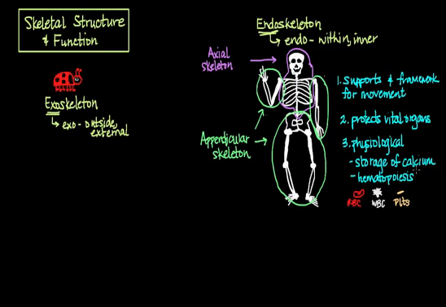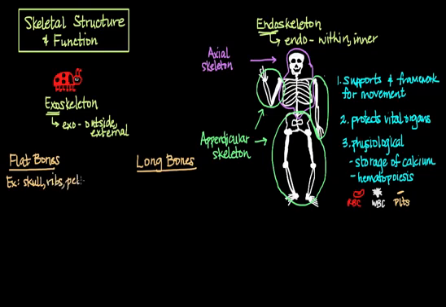Another classification system for the bones in our skeleton is the difference between flat bones and long bones. Now, what are flat bones? Some examples of flat bones are the bones that make up your skull, the different bones that make up your ribs, and then also the bones in your pelvis. And so flat bones really are describing the shape of the bone.